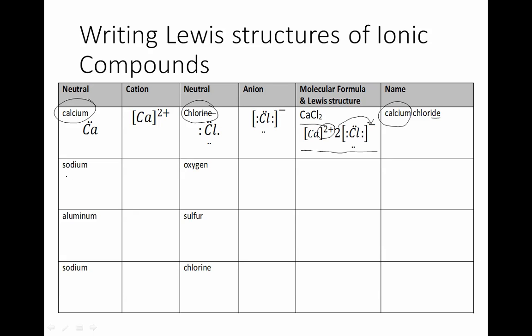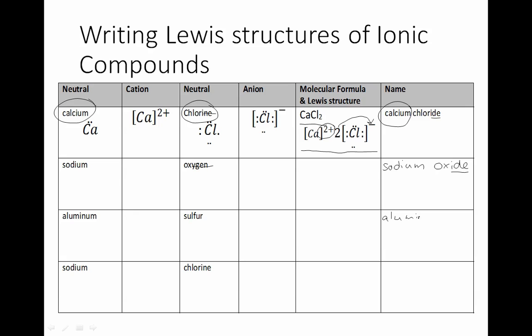So for instance, if we were to name sodium mixed with oxygen, what would it be? Sodium, and then oxide. So remove the gen and replace it with IDE. Okay. Aluminum. Some of these are a little tricky.